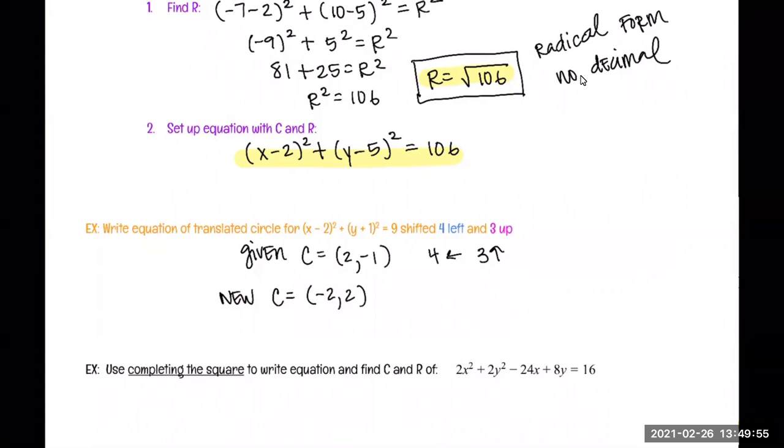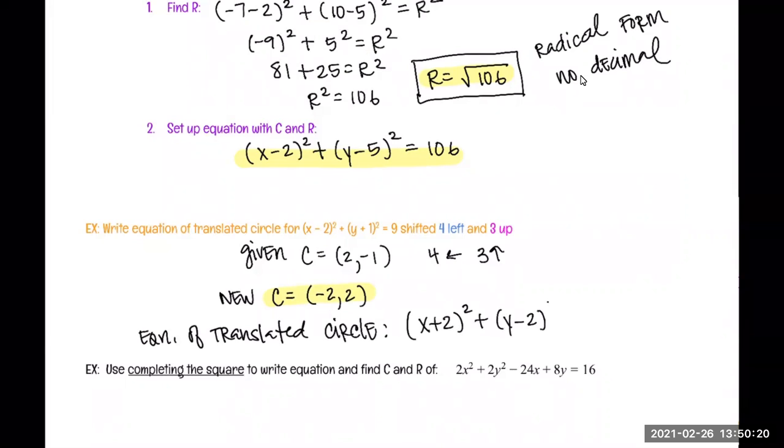So this is the one that we're going to be using to set up our equation of the new circle. So equation of translated circle will now be x plus the 2 squared plus y minus the k squared equals the 9.